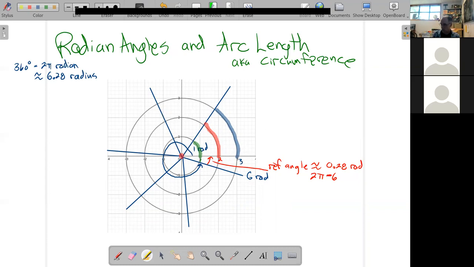So relationship there between the arc length, the piece of the circumference that I covered, and the angle. The arc length here is just the fraction of the way around that I went. So you could think about it that way. So arc length is a fraction of the whole circumference.